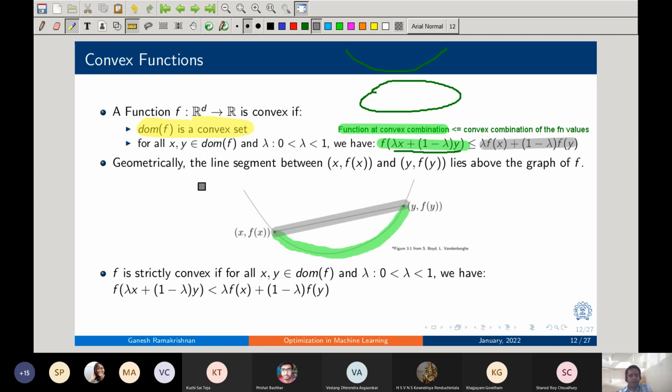Another intuitive explanation is that the line segment between (x, f(x)) and (y, f(y)) lies above the graph. This is the graph. When we say graph of f, we basically mean the part in green here.